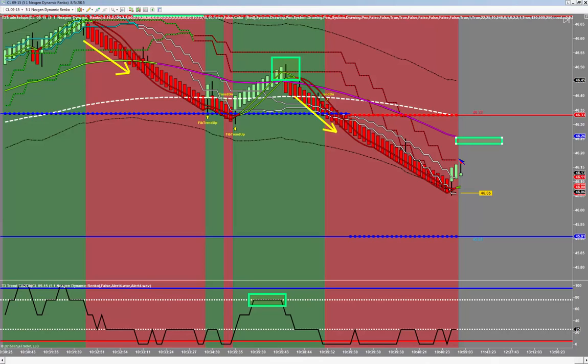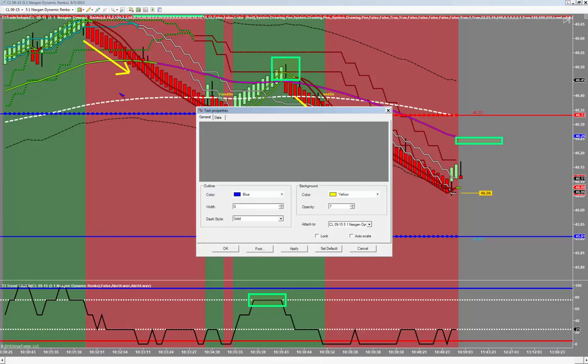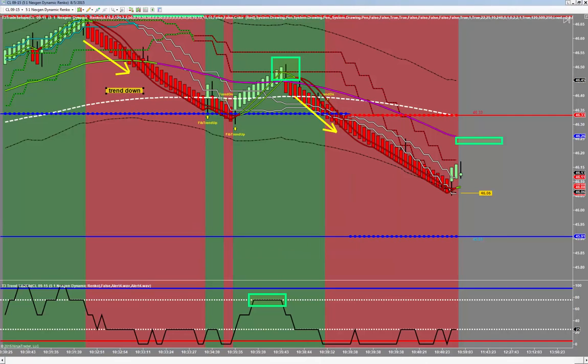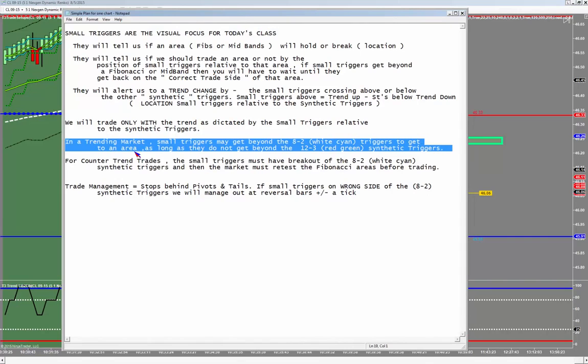Right? So I think very clearly the trend was down, and it hasn't changed. This is why I added that portion into these rules that I gave you guys this morning. In a trending market, small triggers may get beyond the 8-2 white triggers to get to the area, as long as they don't get beyond the 12-3 red and green synthetic triggers.